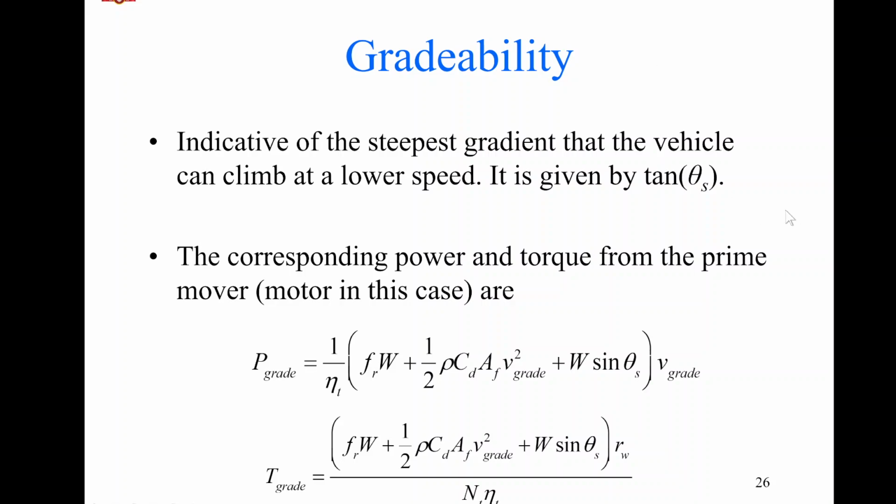Say if you have 17% gradability, whatever theta corresponds to that is tan inverse of 17 by 360 degrees. That would be the grade we want to climb, and the power from the motor as well as the torque should be higher than that.